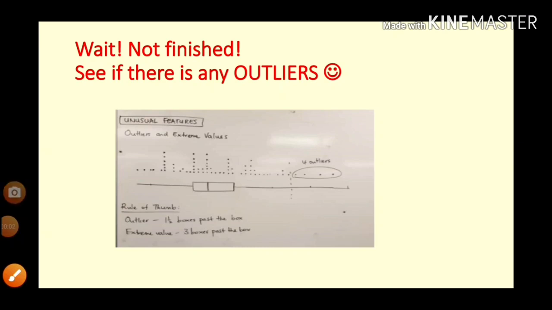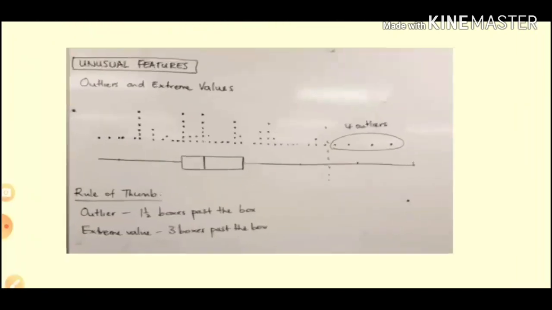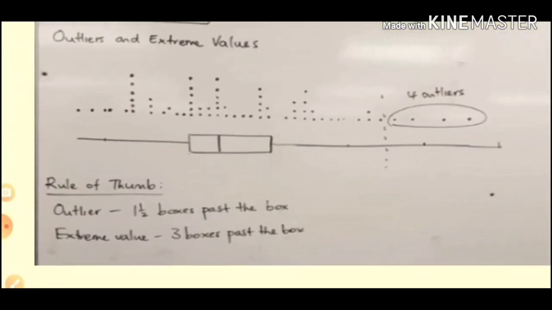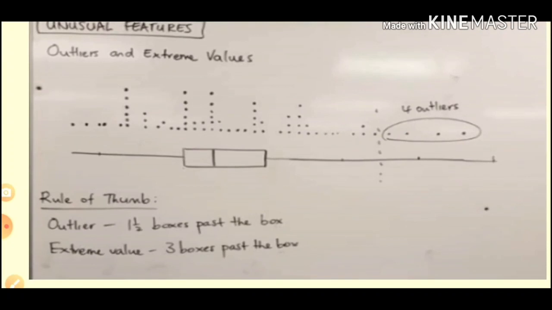Dot plot is always linked with the box and whiskers, and later when we go back to box and whiskers, I'll explain further why. So how do we measure whether it's an outlier? The rule is, outlier is 1.5 boxes past the box.